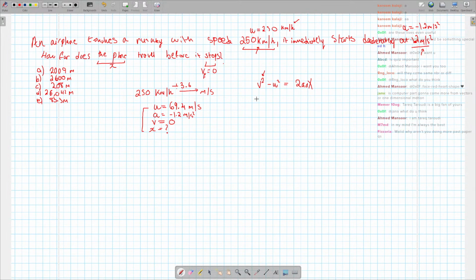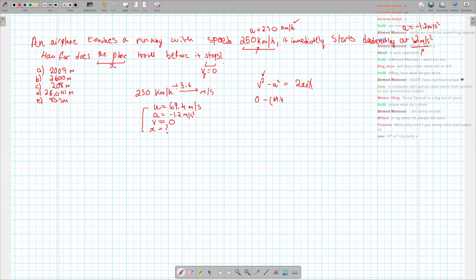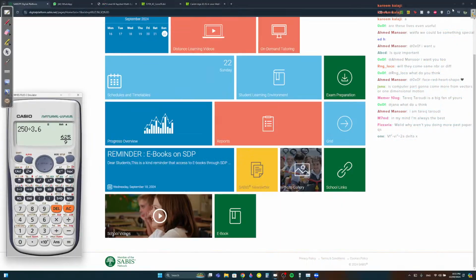We know that v is 0, our final velocity is 0, minus u squared is 69.4 squared, equals 2 times the acceleration, negative 1.2, times x. Let's put this in a calculator.